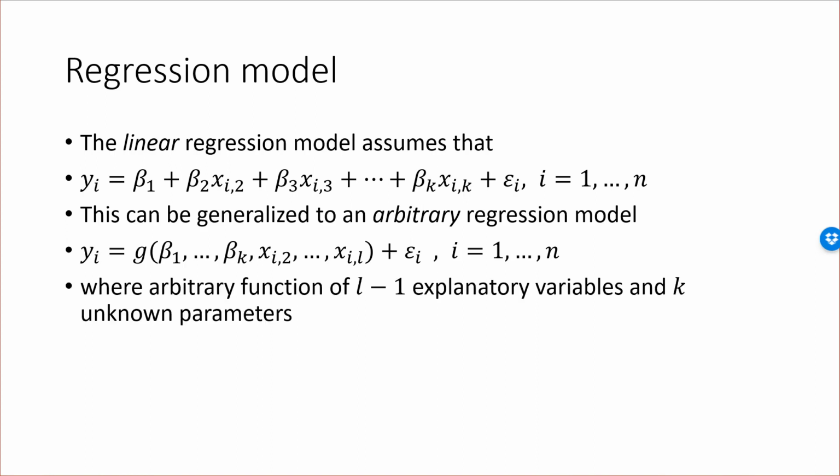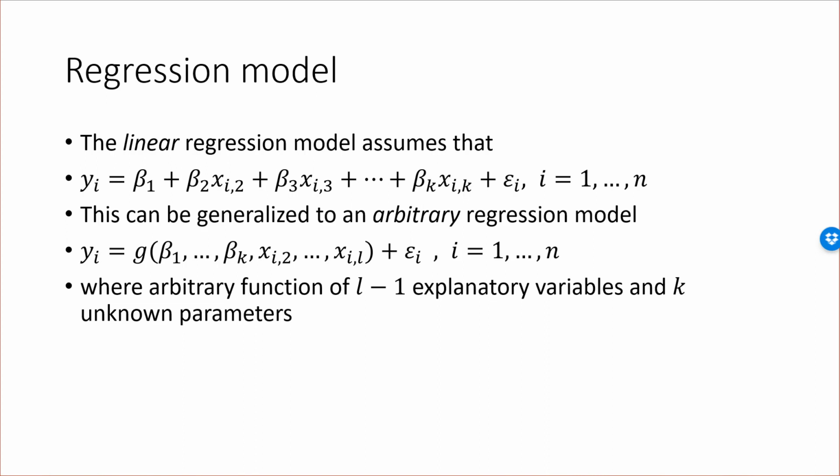We have L minus 1 explanatory variables from 2 to L, and we have k unknown parameters. And for the nonlinear model, it's not necessary for L to be equal to k. That is, it's not necessary for example, beta 2 to be related to the second explanatory variable.